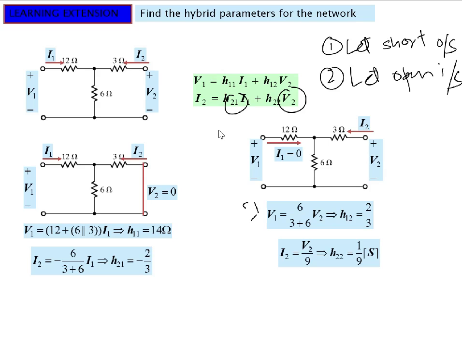So H21 is actually the ratio of two currents. But how will we calculate the ratio of two currents? By using the current divider rule.